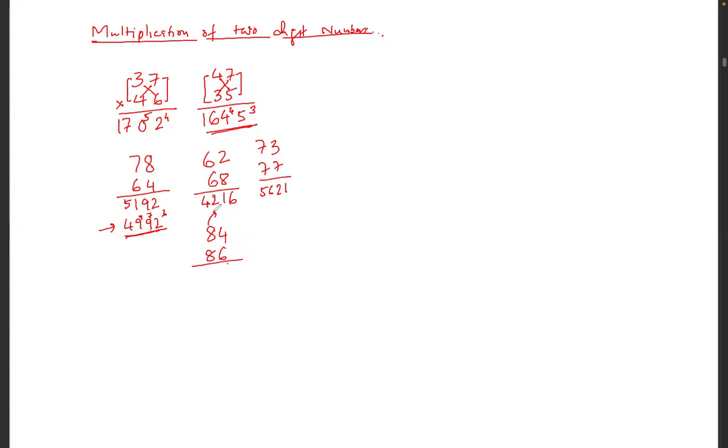The next digit after 8 is what? 9. So 8 nines are how much? 72. And then 6 fours are 24. Straightforward.